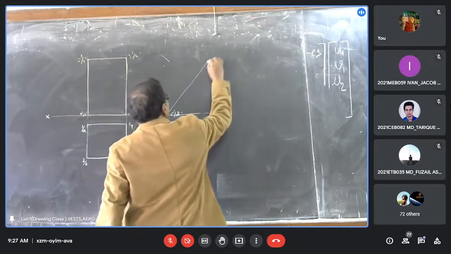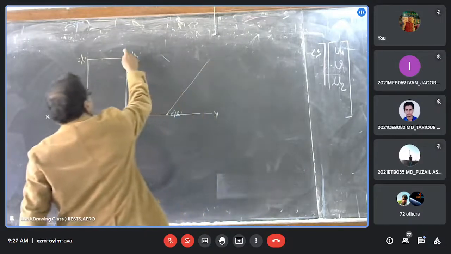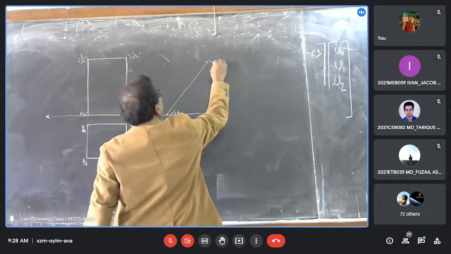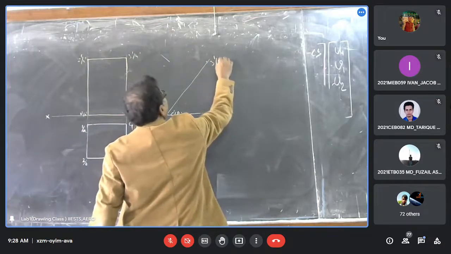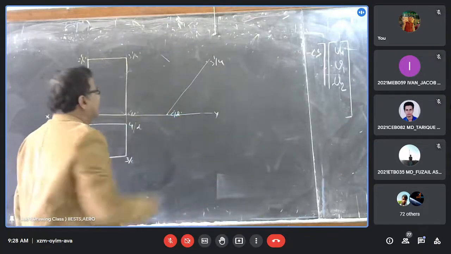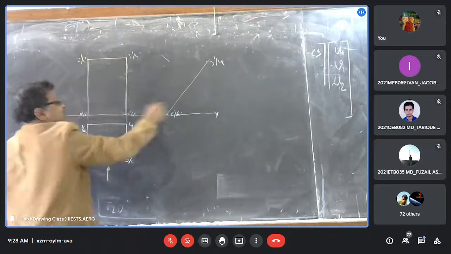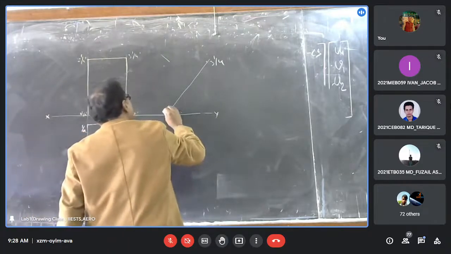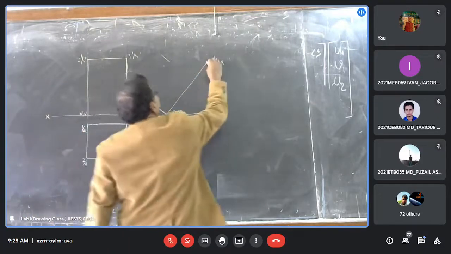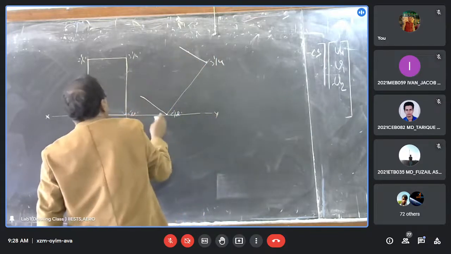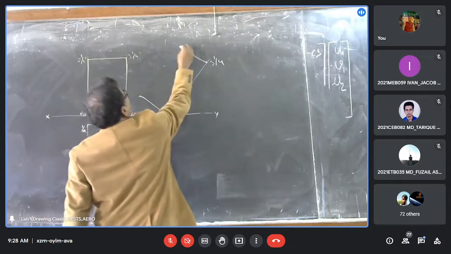Draw this one and then measure from here 70 millimeter, and this is also 3 dash, 4 dash. Okay, and then after taking this one, you just copy both rectangles here. Just make a perpendicular line, here also a perpendicular line. Okay, and then cut the side and then join it.